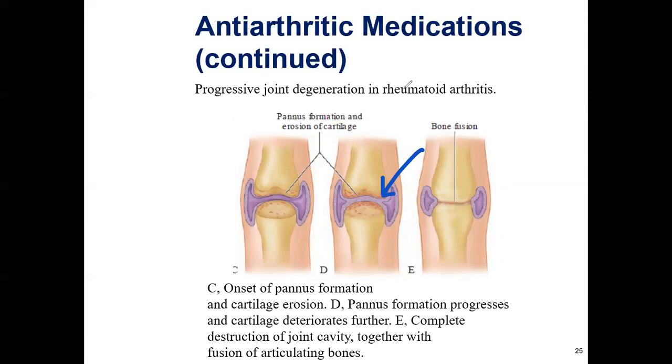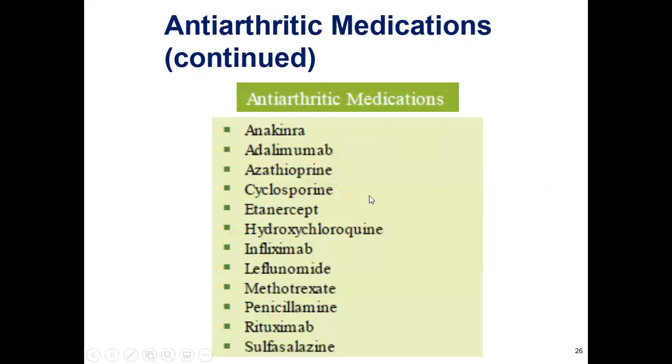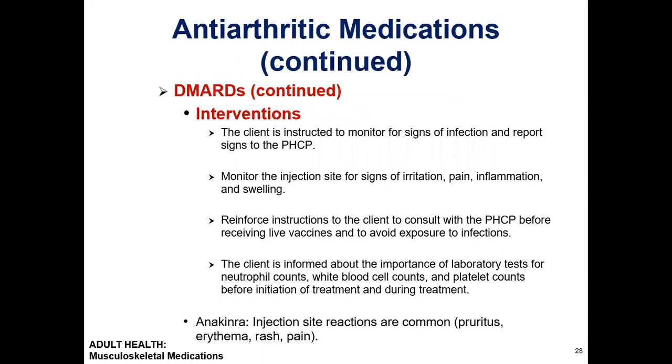And when it relieves the problem, this occurs, right? So we are talking about the inflammation at the injection site. So here, monitor the injection site for irritation, pain, inflammation, or swelling.